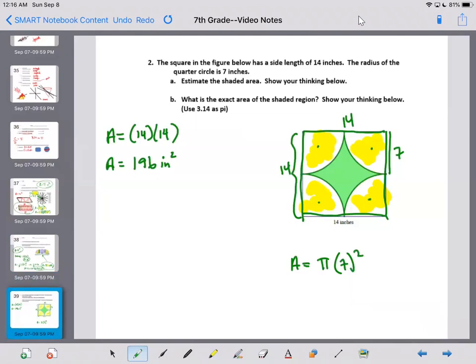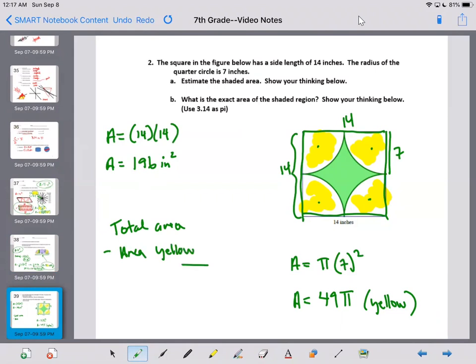So that would be 49 pi. That's the area of what's in yellow. So what we would take is the total area minus the area in yellow to get us the green area.